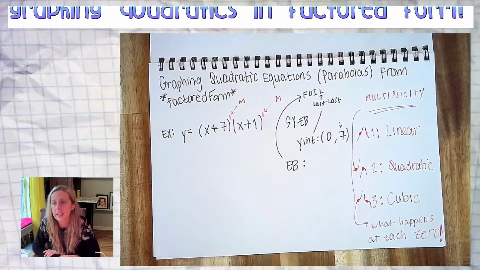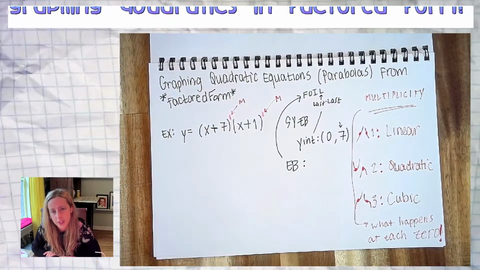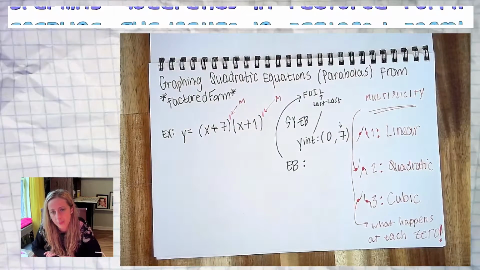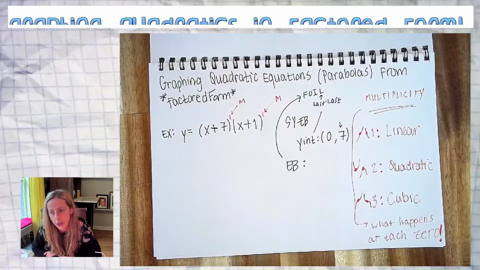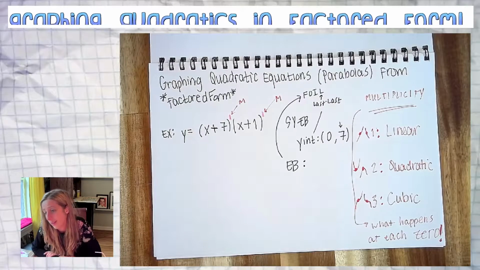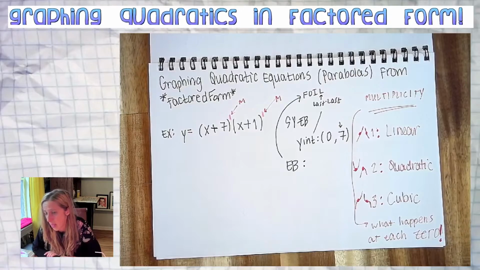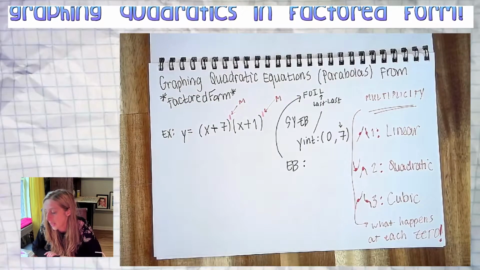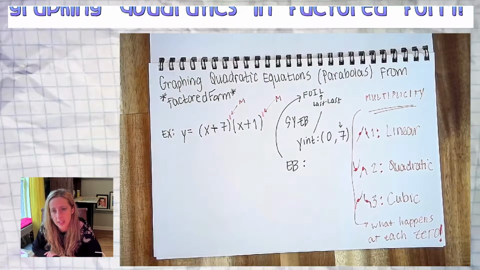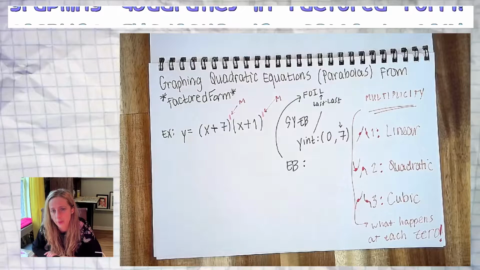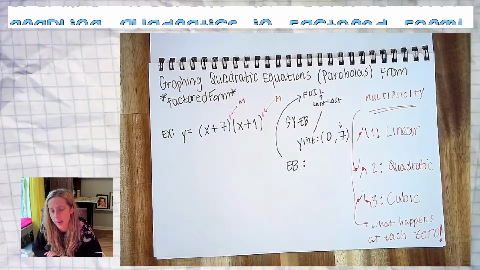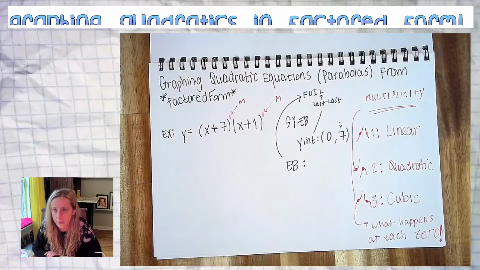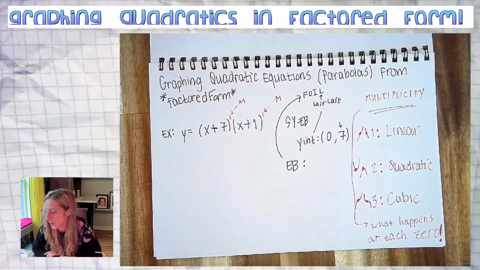What would be my leading term if this was in standard form? What would be my leading term? Maybe Sol, Tahani, Sean, Natalie, Melvin. What would be my leading term if this was in standard form? The first term of everything, if it was all multiplied out.